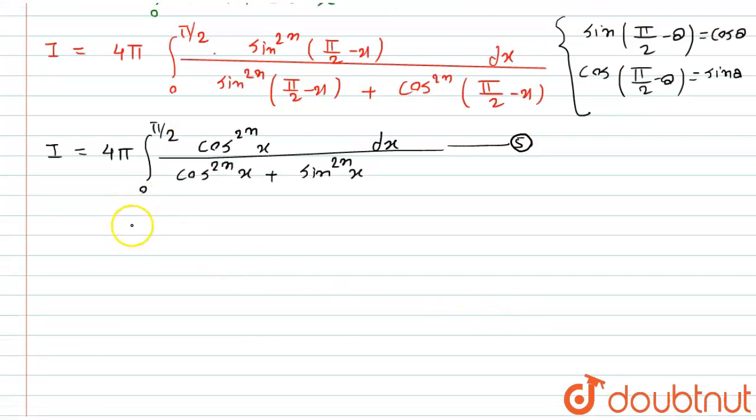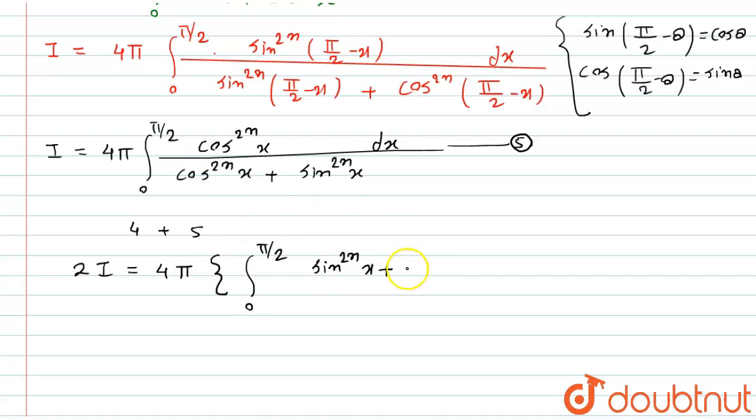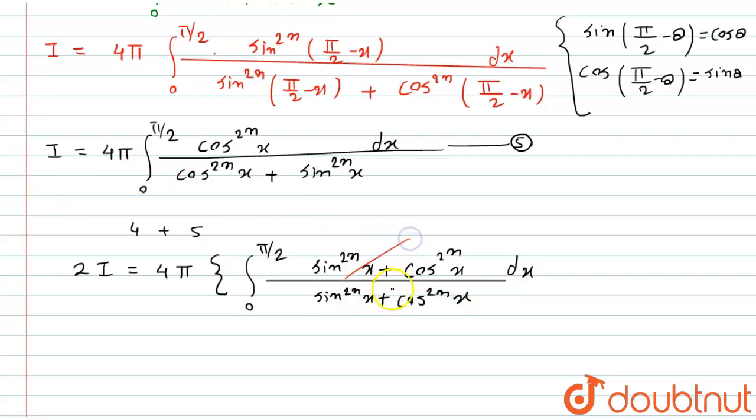On adding 4 and 5, we get 2I equals 4π, as a constant, integral from 0 to π/2 of sin^2(nx) plus this numerator term cos^2(nx) dx, and in the denominator we take the common denominator, sin^2(nx) plus cos^2(nx). Now both terms get cancelled out.